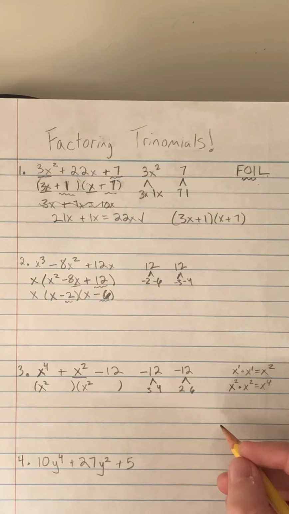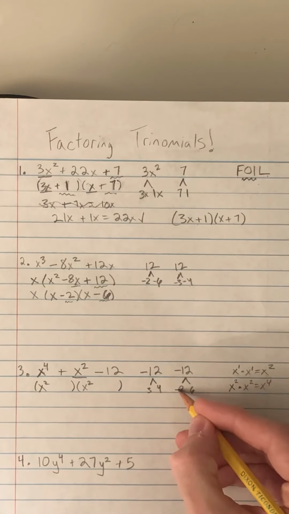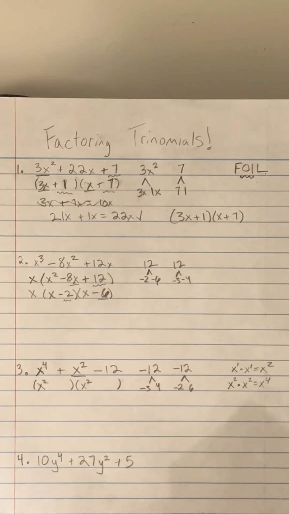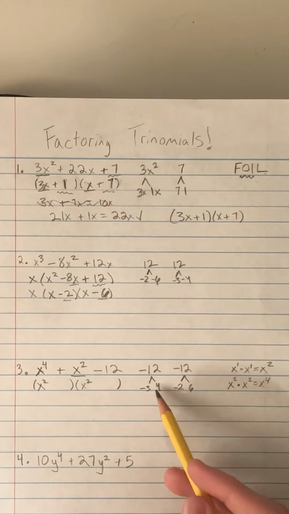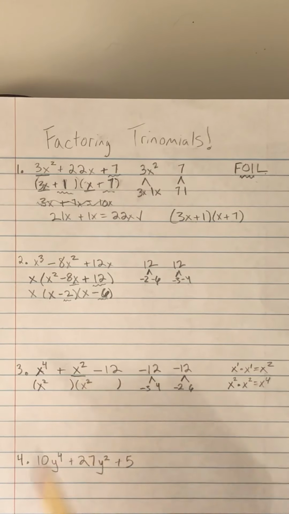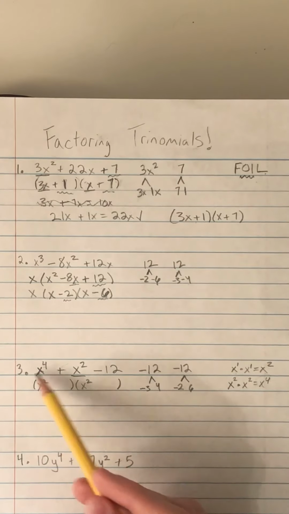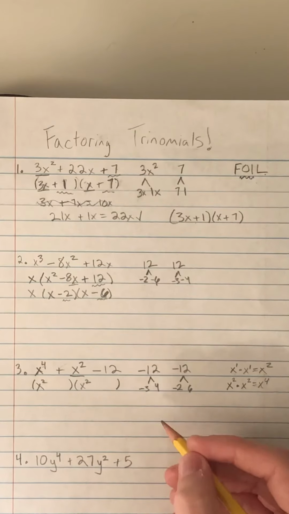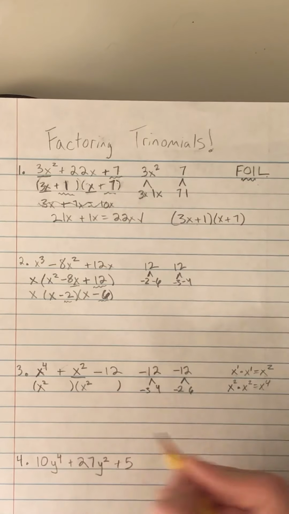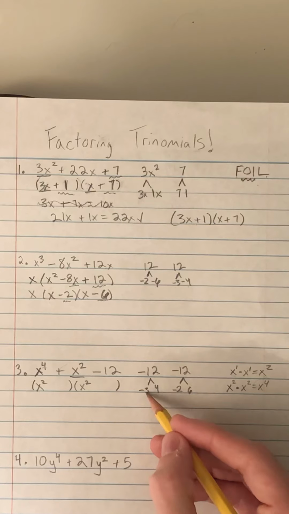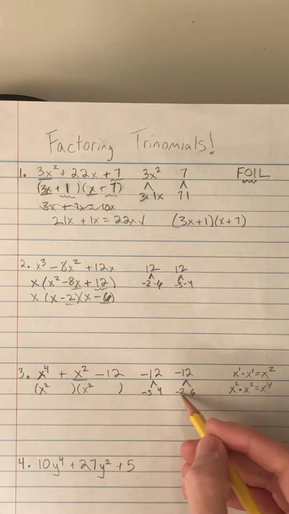So logically, that would mean that my smaller number would be negative, because when they add up together, they have to equal this middle, because there's nothing in front. So I have to choose from negative 3 and 4 and negative 2 and 6.